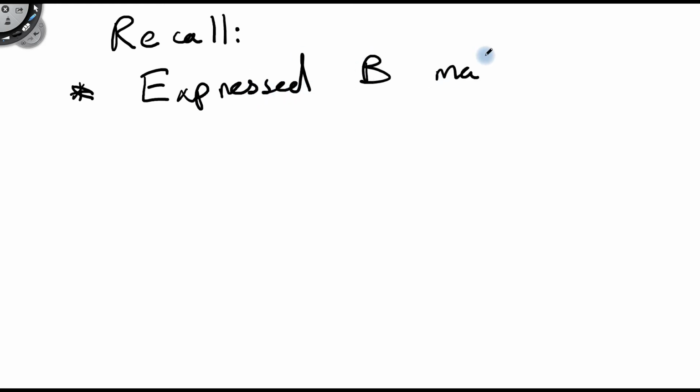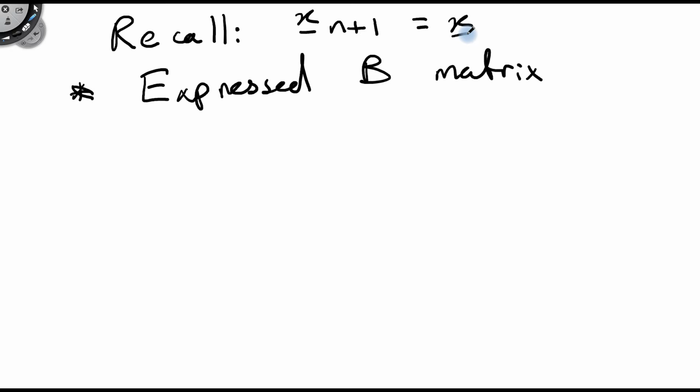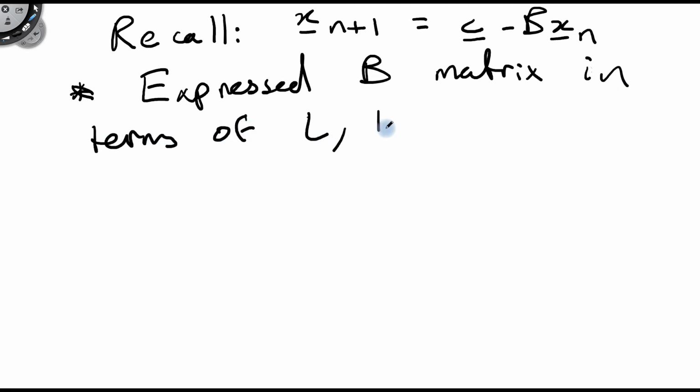We've expressed iterative methods of the form x_{n+1} = c - B x_n, and we express the B matrix in terms of these matrices L, D, and U. That's the first thing we did.